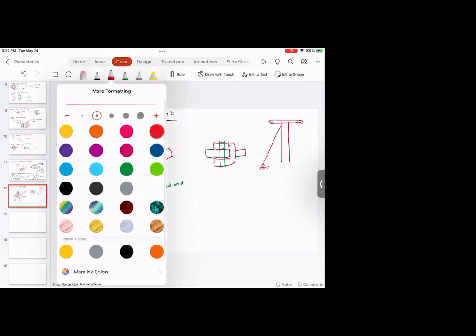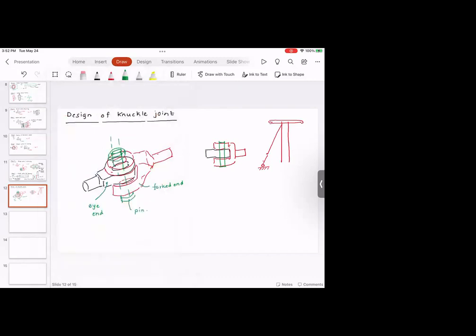And here you would see a variation of knuckle joint. Even hinges are one type of knuckle joint. So knuckle joints are used in a lot of applications, in automotive applications and even in other applications.